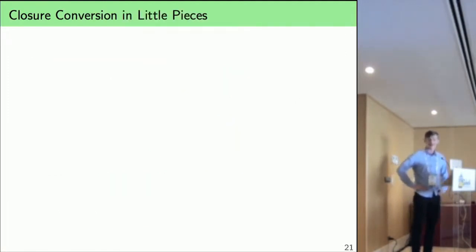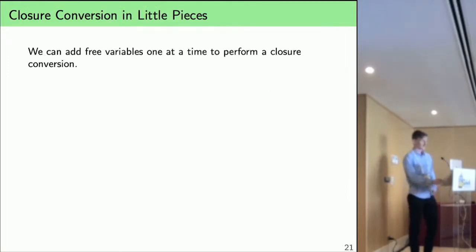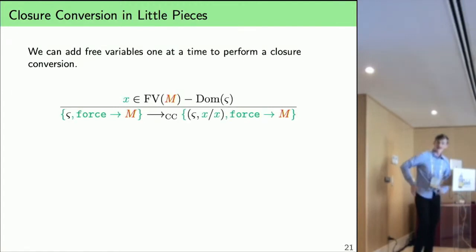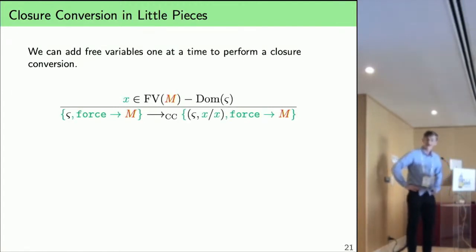Well, the topic of the paper was closure conversion in little pieces. So we can do a transformation where we add one free variable at a time, and this will make up closure conversion. This is the transformation where on the left-hand side we have an abstract closure.